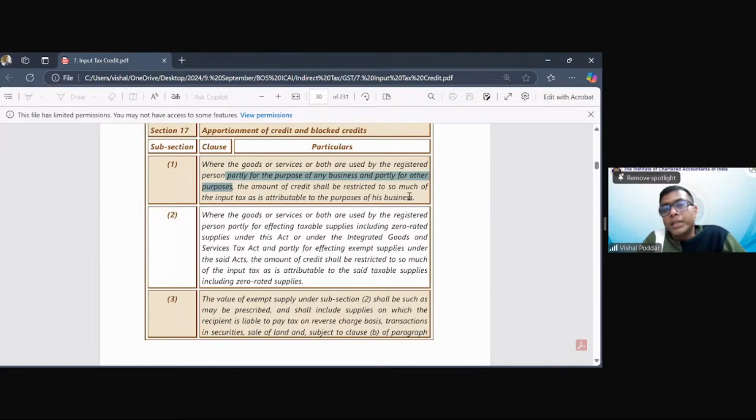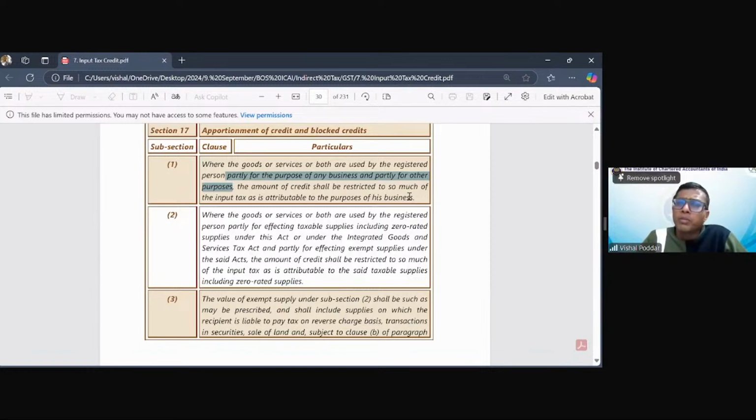So to that extent, I am not using this laptop fully for business. Now, this particular point says that if in any tax period or if in any year it is found that the goods or services which you have bought are not fully used for business, they are partly used for business and partly for other purposes.